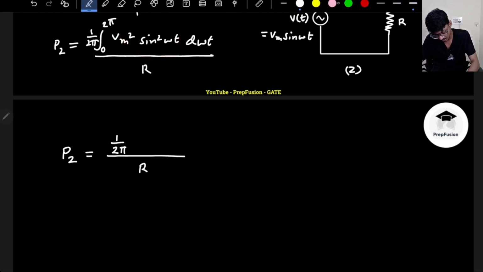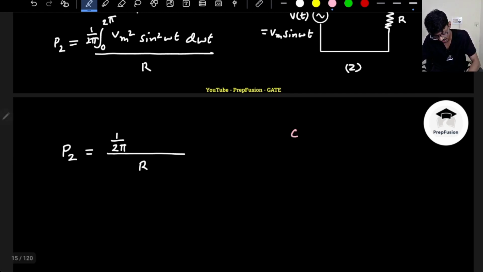If I convert my sine square omega t, I know this is half, but few students may not know, so you can skip this portion. I know this formula: I always write in shortcut cos square theta minus sine square theta is cos 2 theta.